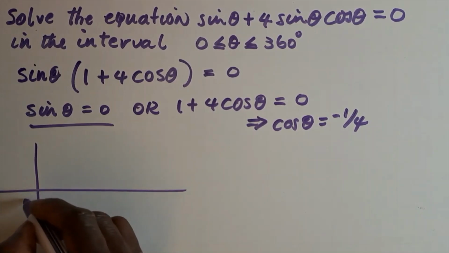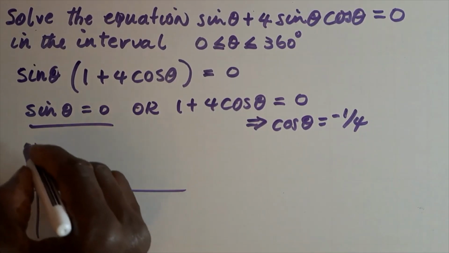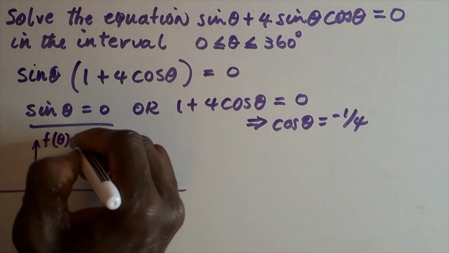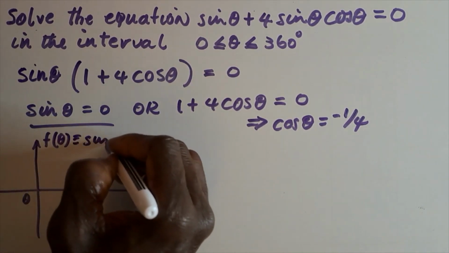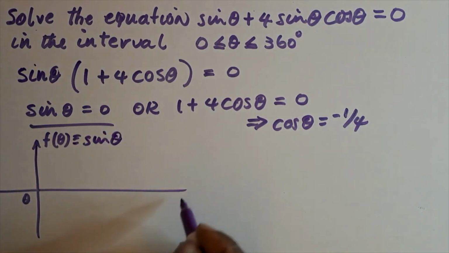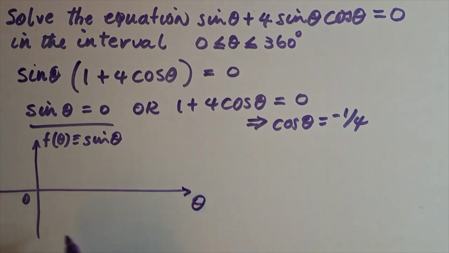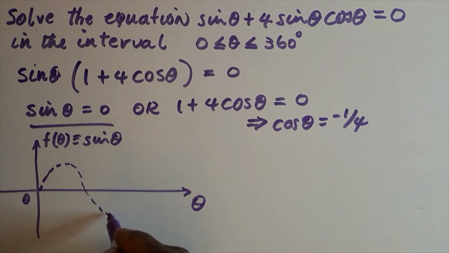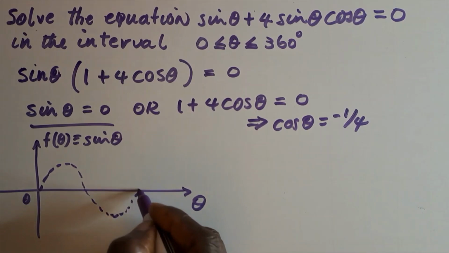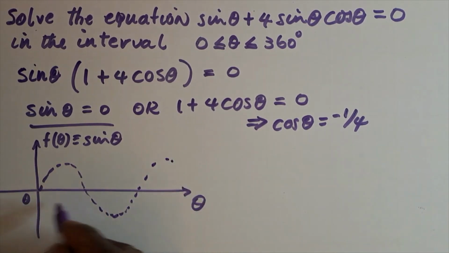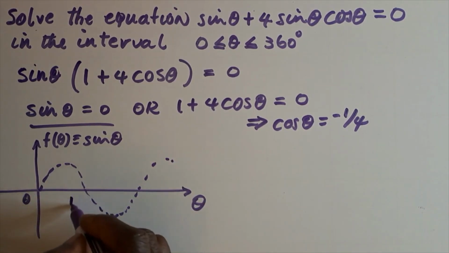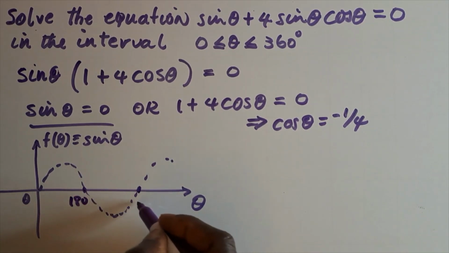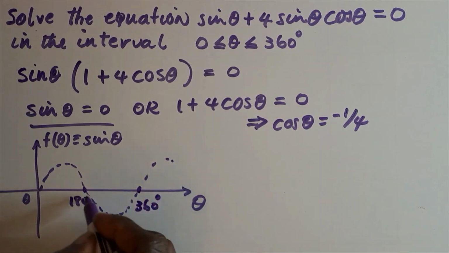We start here, this is the origin. This is f of theta, and this is equal to sine theta. And if we just sketch it out, here we start at 0, we have 180 at this point, and this goes to 360 degrees.